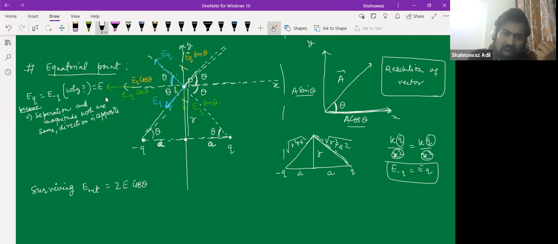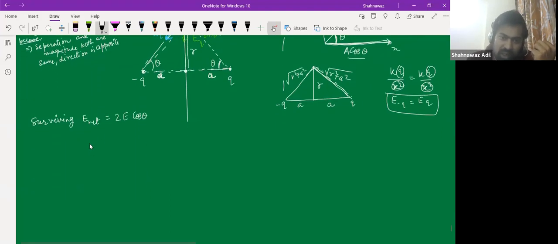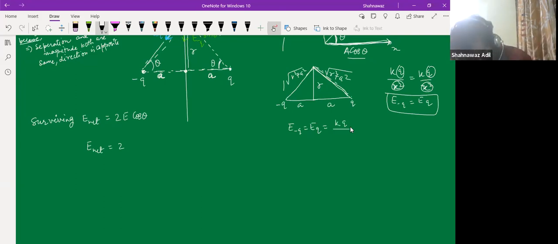Good. So now E net is how much? 2 E. E is how much? E is simply E minus Q, or we can calculate EQ. That is KQ by what? KQ by what? Yes, please tell me. Separation square. So what is the separation square?